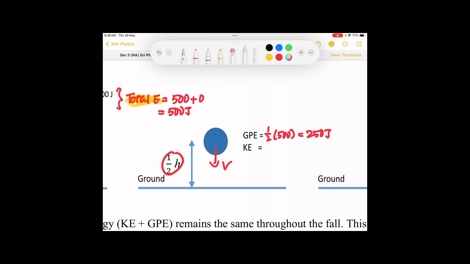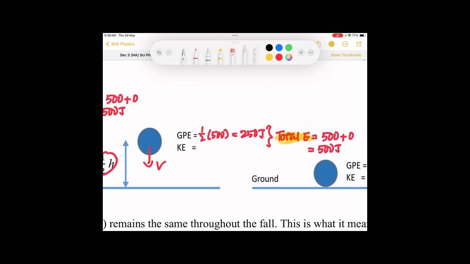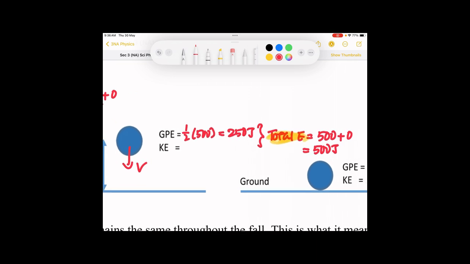So I can just copy this portion over here and paste it over here to show that the total energy in this system is still 500. So how much energy does it have in the kinetic store? It is actually 500, the total energy, minus the amount of GPE, and that gives you 250. Happens to be the same amount.